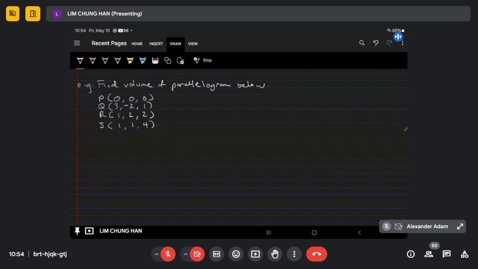So it probably looks like this. Let me draw a better one. Okay, so that's your parallelogram.